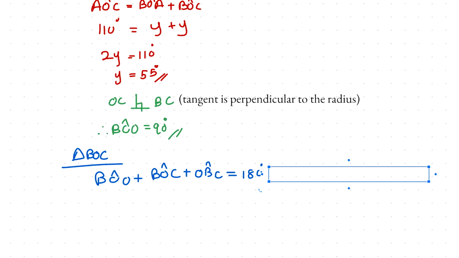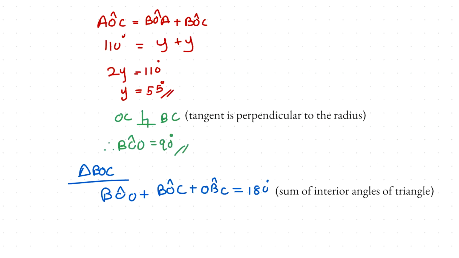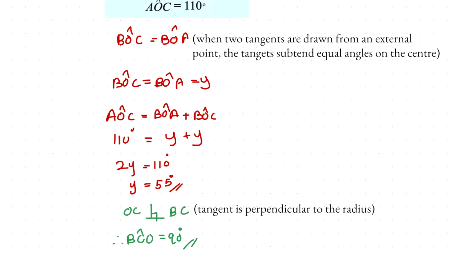So BCO we found here is 90 degrees, because the angle between the radius and the tangent. BOC is Y, and you know Y is 55, so you can put 55.